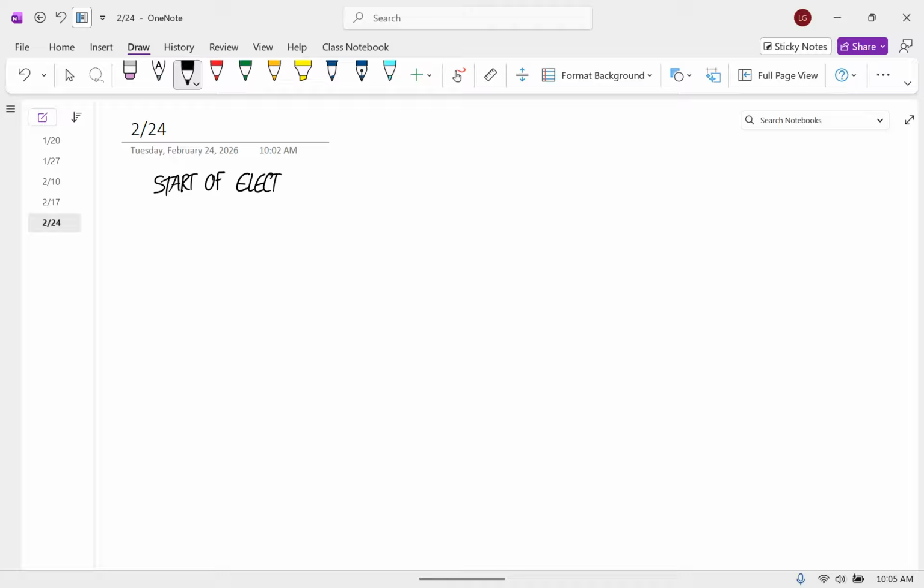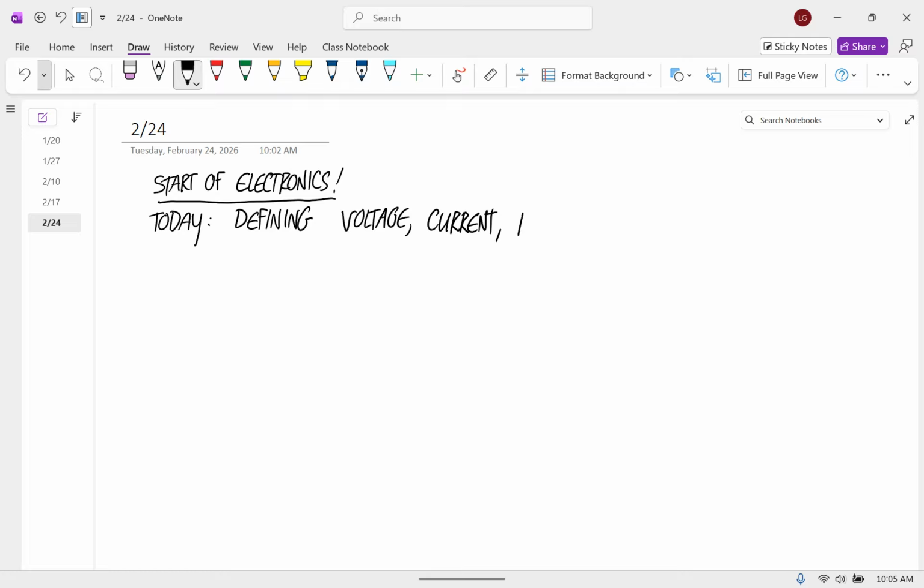We're going to start by defining voltage, current, and resistance. Those are going to be the main tools that we're going to use to get electric power to the devices that we need.